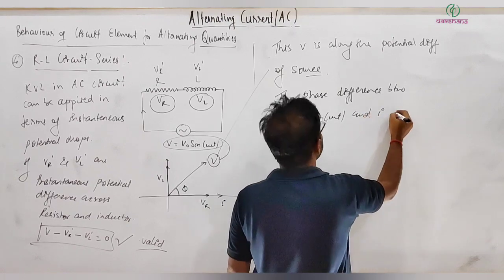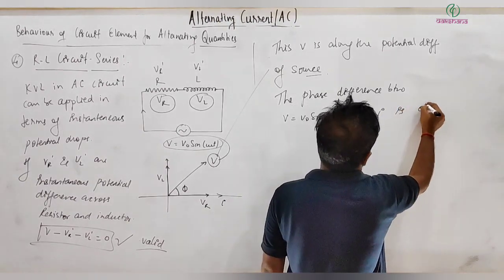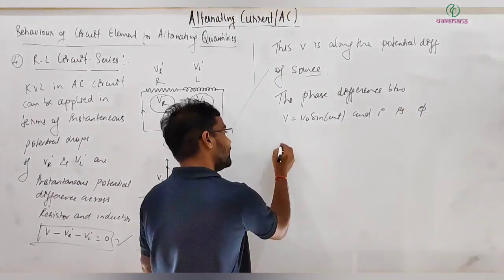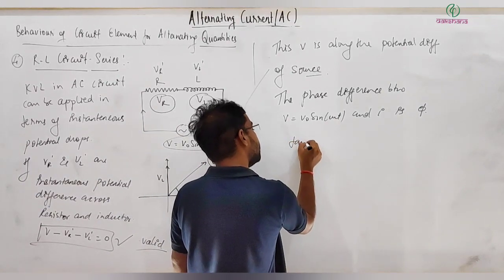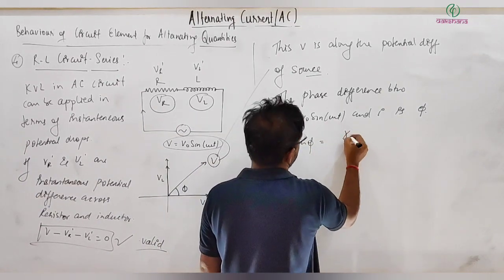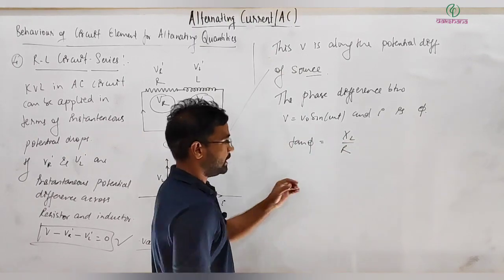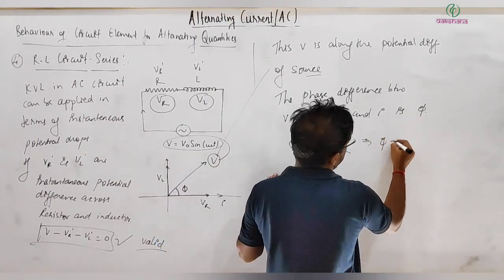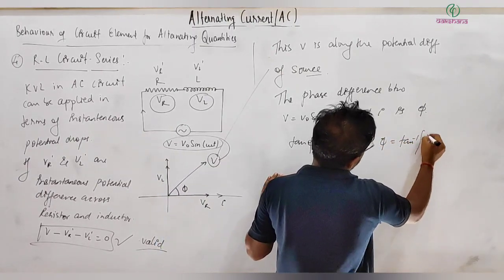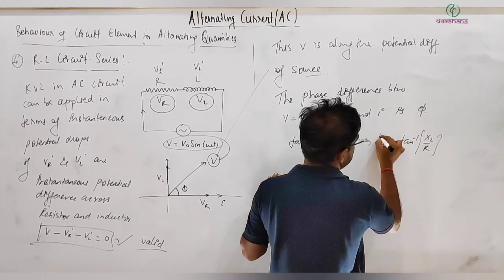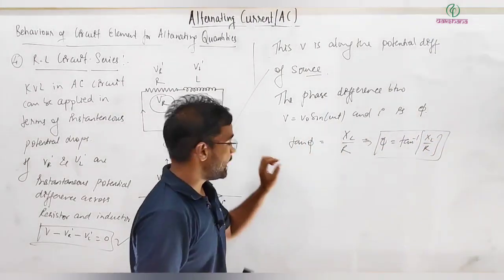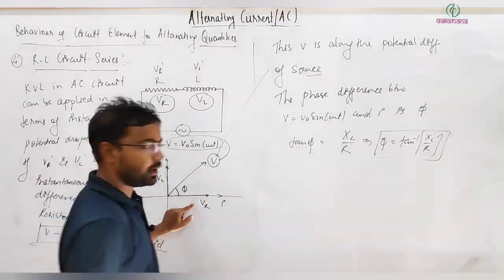And phi, I can write, tan phi is equal to XL by R. This implies phi is equal to tan inverse of XL by R. This is phi. Clear?